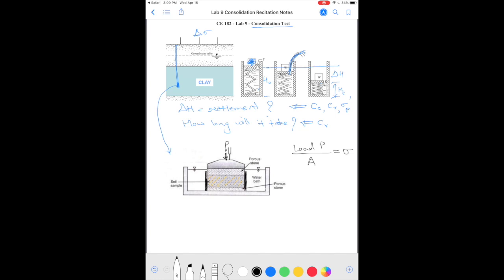And because of this ring on either side, the ring holds the sample so it cannot expand in a horizontal direction. So the only way it can compress is in the vertical direction. And that's why it is called a one-dimensional consolidation test.